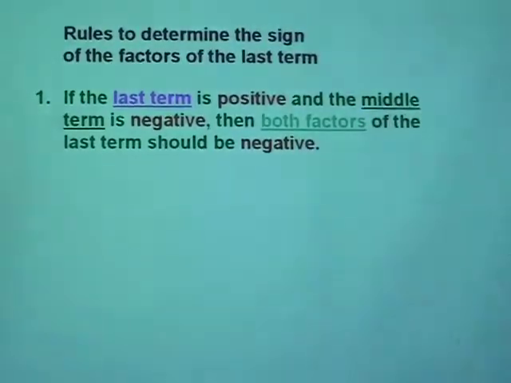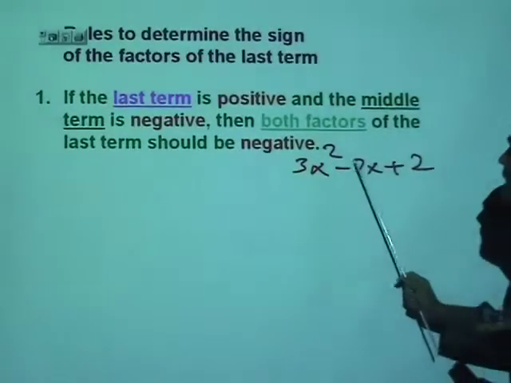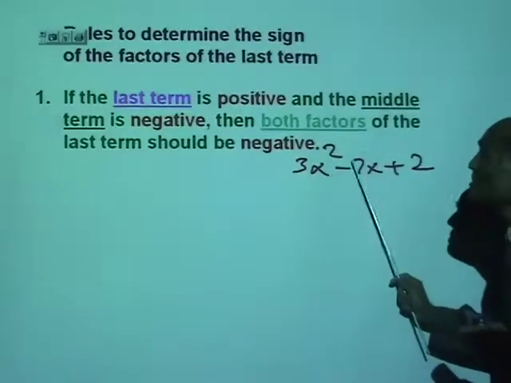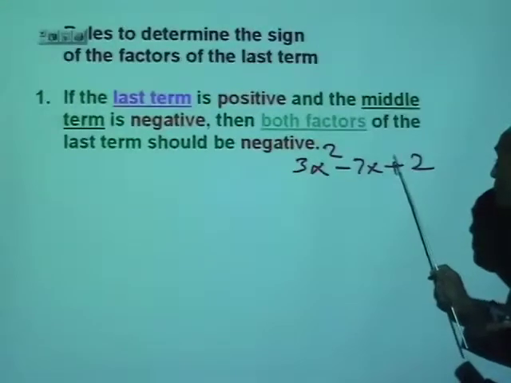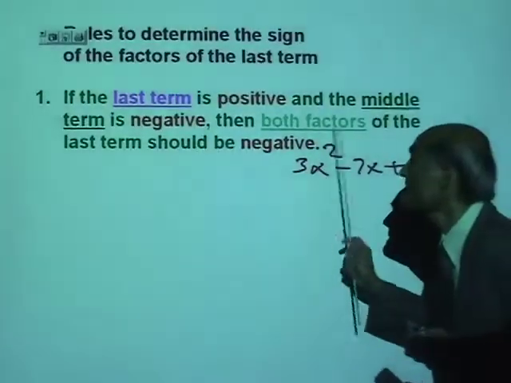For example, in the case that we just did, 3x squared minus 7x plus 2, the last term is positive and the middle term is negative. That means both the factors of positive 2 must be negative.